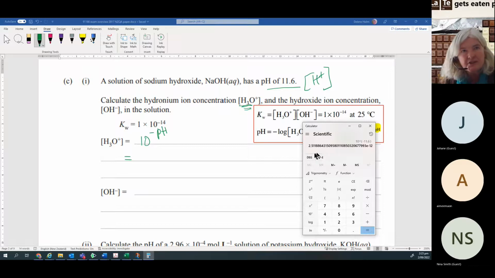So that is rather tiny. You probably can't read that. So it's 2.5 times 10 to the negative 12. Now it's got a lot of numbers there, but we're just going to keep them in the calculator. And we're just going to make it 2.5 times 10 to the negative 12.